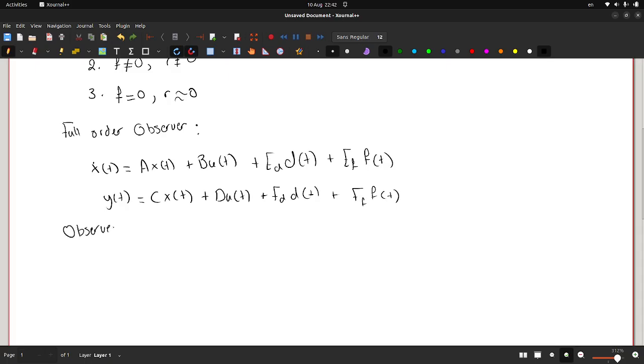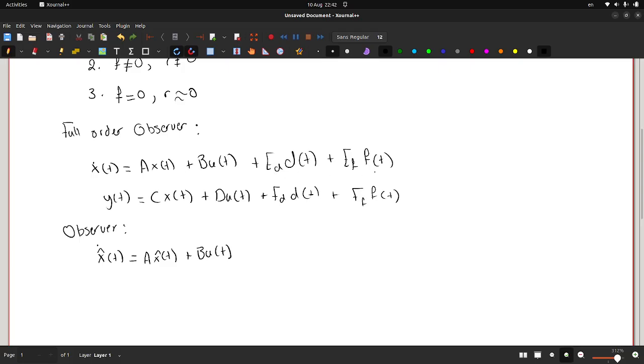So the observer is as follows. The x hat dot of t, the estimated signal, should be equal to ax hat of t plus bu of t, and that's it. Why? Because these are the signals that we actually know.